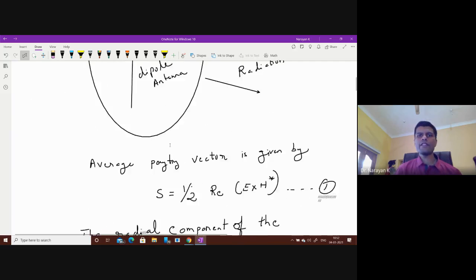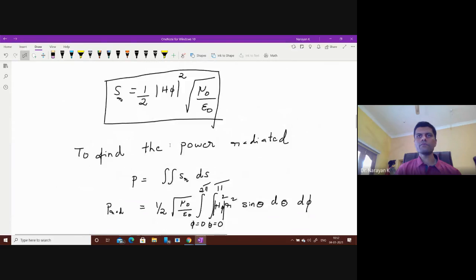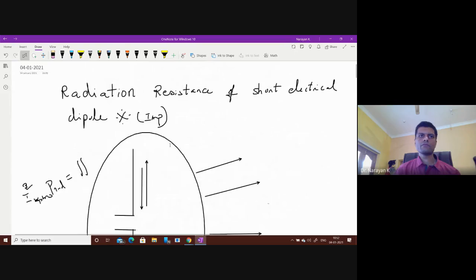That is what we have done here. Double integration of the radial component of the Poynting vector dS. So if you equate these two, you can find the radiation resistance of your short electric dipole. So this is the power radiated due to the electric circuit.